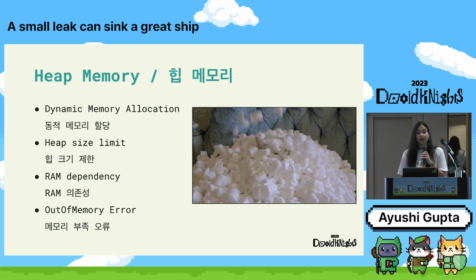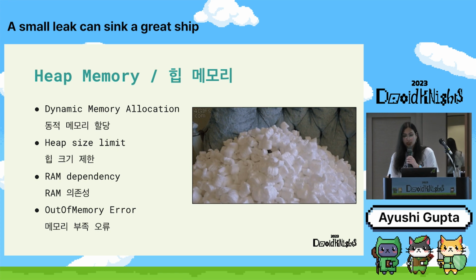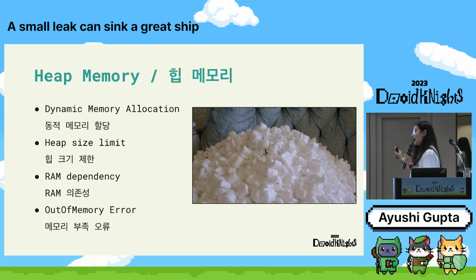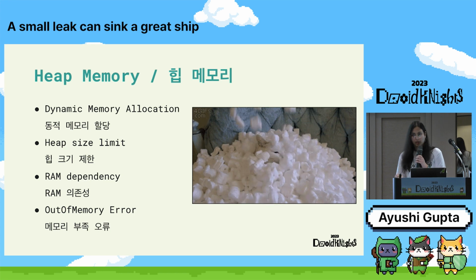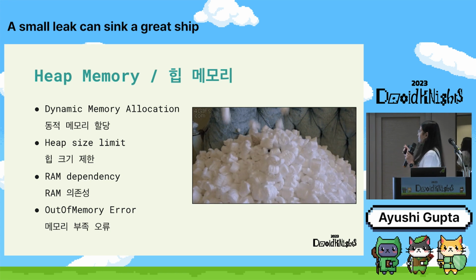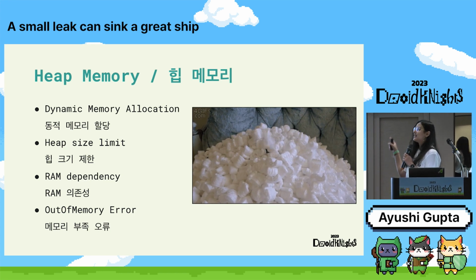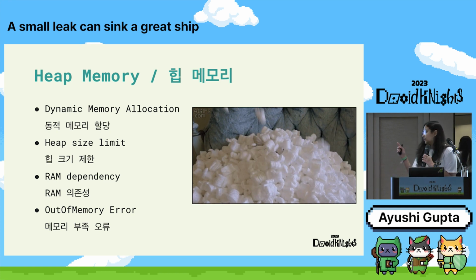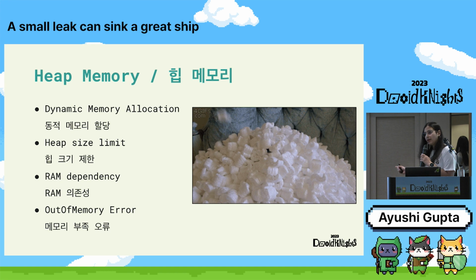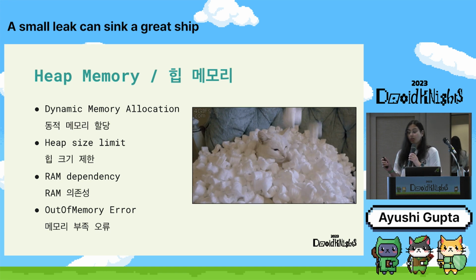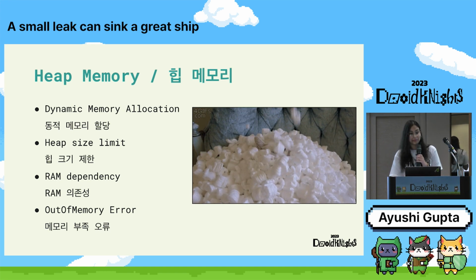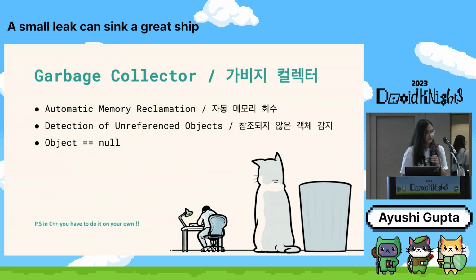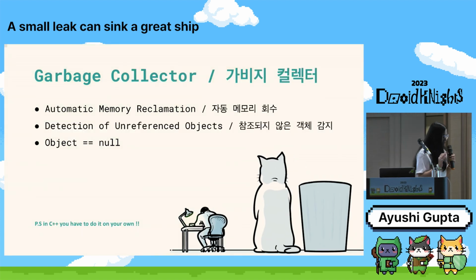To ensure a seamless user experience, Android puts a hard limit on heap memory as well. You can say that the heap memory is directly dependent on the available RAM on your device, and whenever you hit that particular limit, which Android set, you're going to get out of memory error. But that usually doesn't happen.